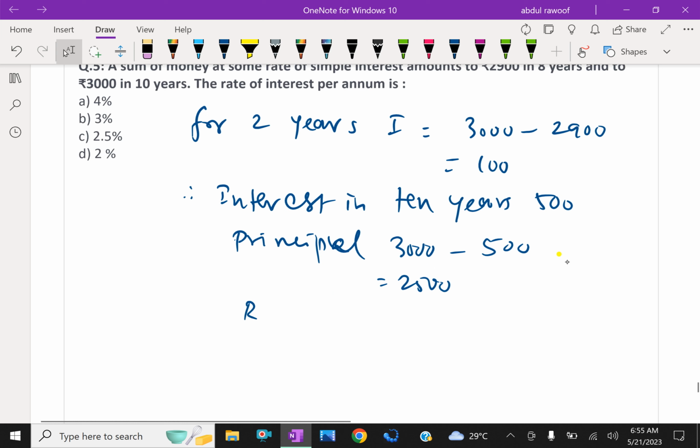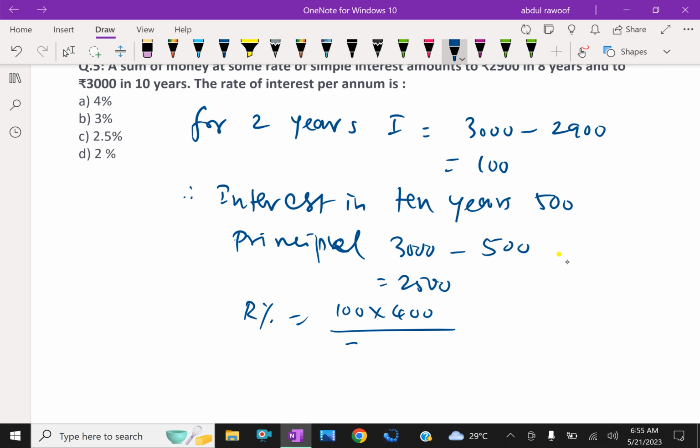Therefore, rate of interest is 100 into 400 divided by 2,500 into 8 years, which gives 2% interest.